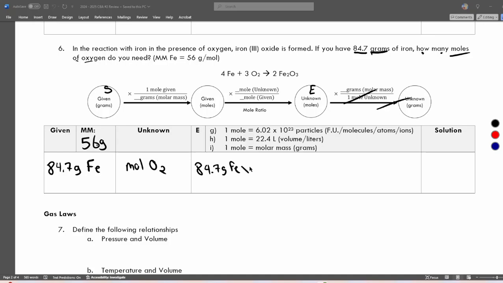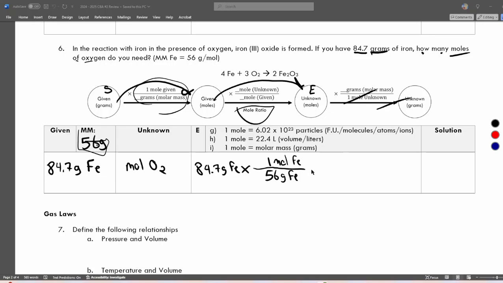Okay, so we're going to multiply by a fraction. Our first fraction is going to be this one. And we said we're going to write 1 mole over, and we said this was going to go in our first fraction, 56 grams, the molar mass of iron. Cool. We made our first step. Now we need to make our second step. We're going to use now the mole ratio. Multiply by a fraction.